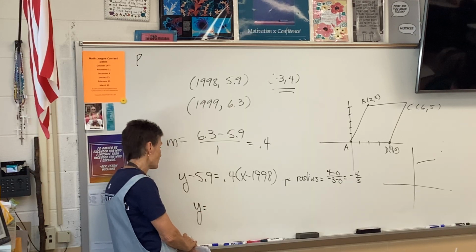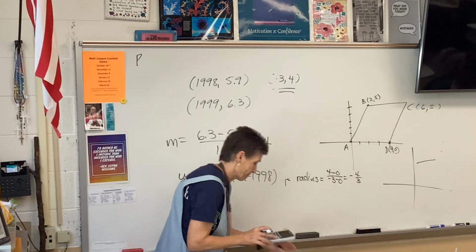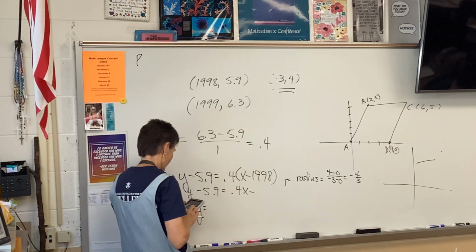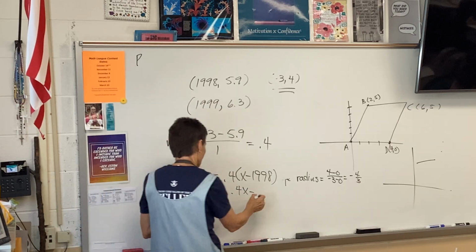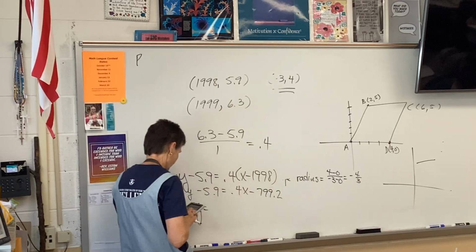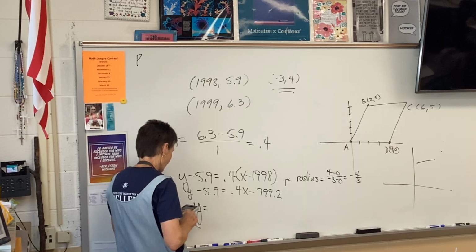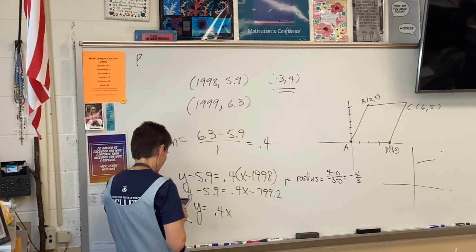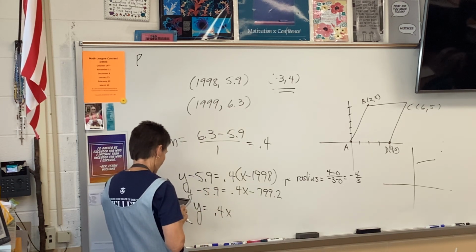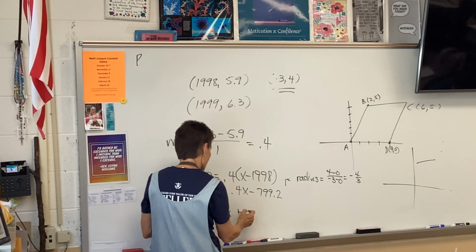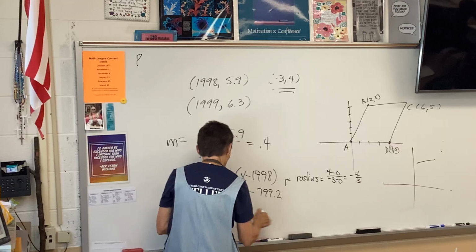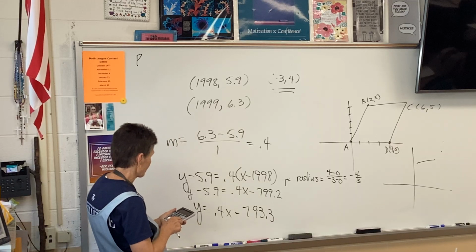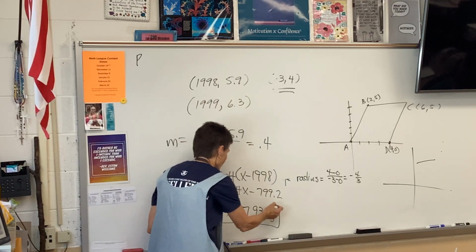So y equals 0.4x plus, minus 793.3. All right, help me out, is that right? Okay, so here's my equation.